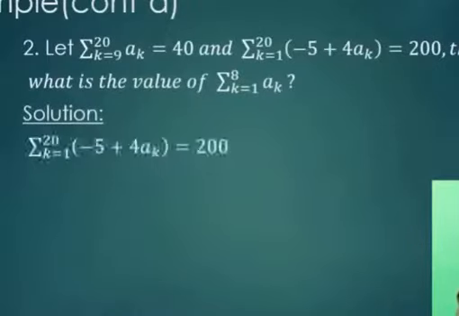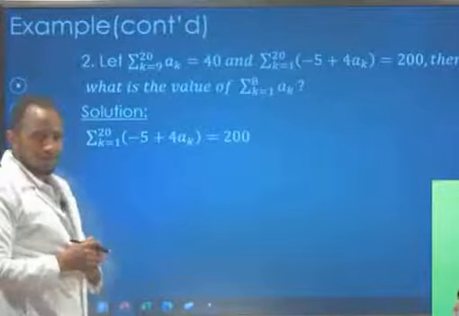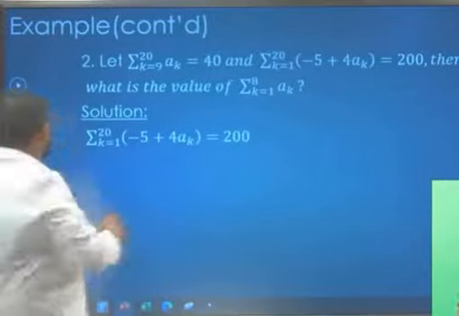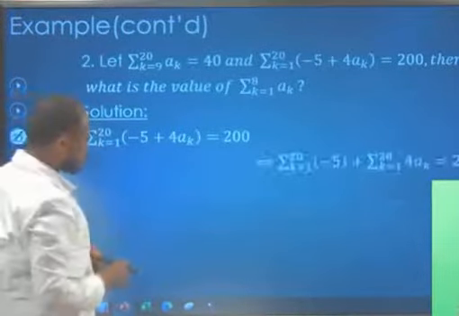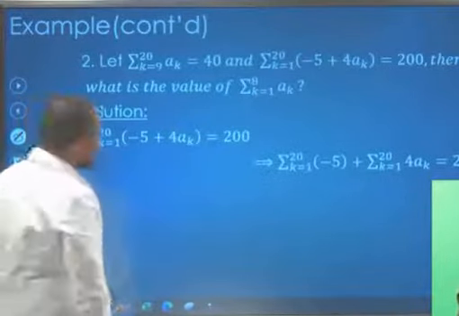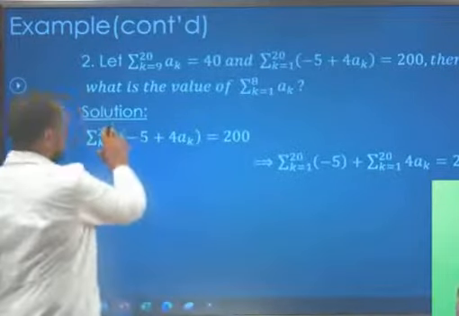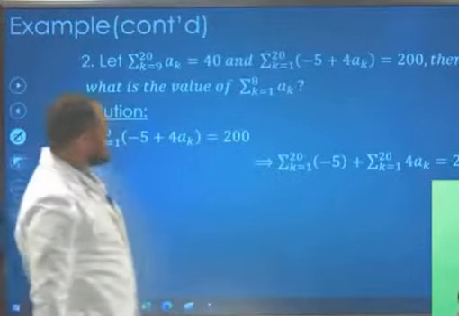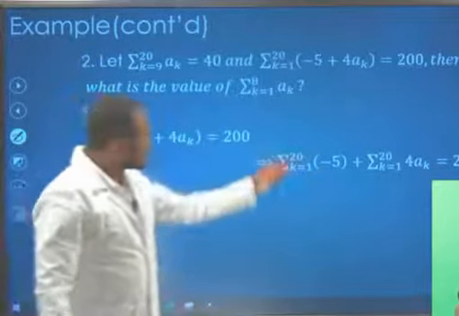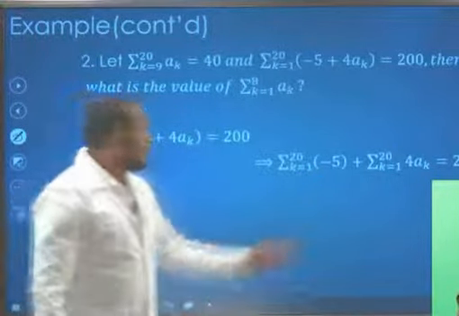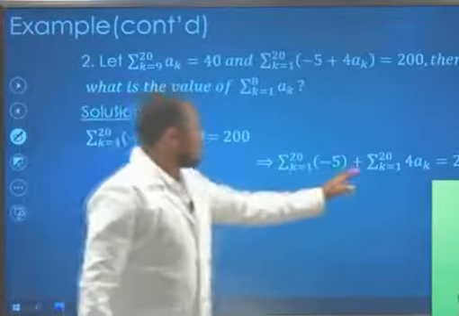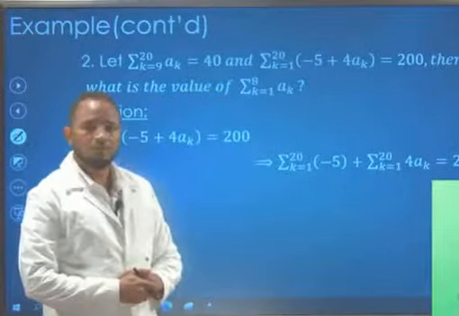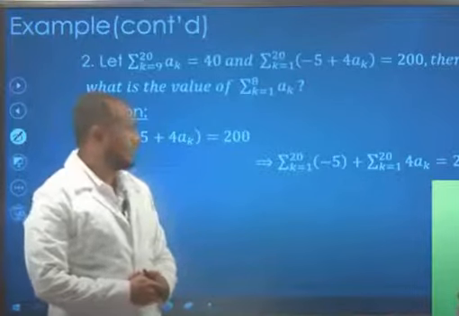So the summation of (-5 + 4a_k), where k starts from 1 up to 20, is given. It is 200. From this, we'll try to find this. So to solve this one, this implies, using the property of summation, this can be distributed over the two terms. So the summation of -5, where k from 1 up to 20, plus the summation of 4a_k, where k from 1 up to 20, is equal to 200.